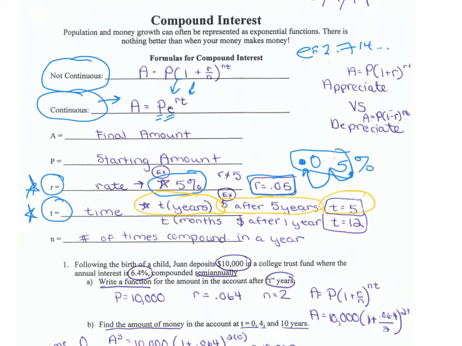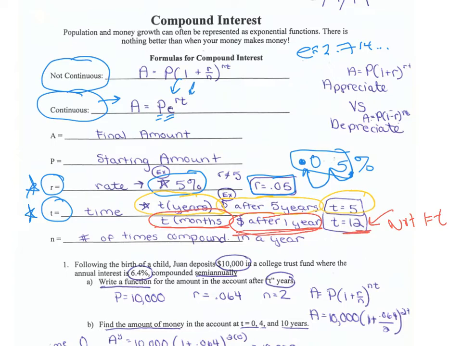However, if the word problem says that time is in months, and they say how much money do you have after 1 year, you would not plug 1 in for t, because it says that t is in months, and 1 year is the same as 12 months. So just pay attention to that.